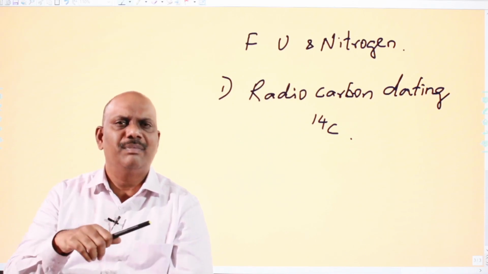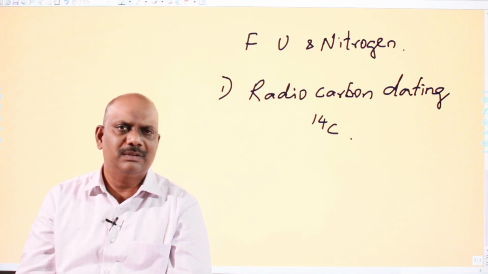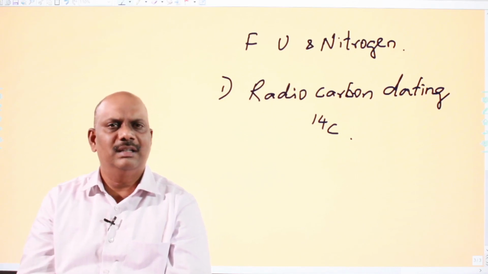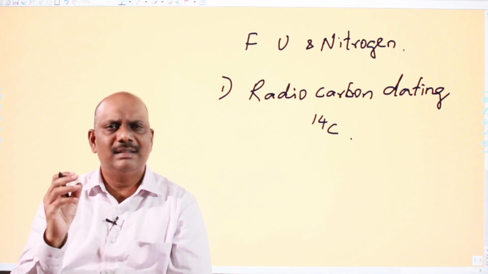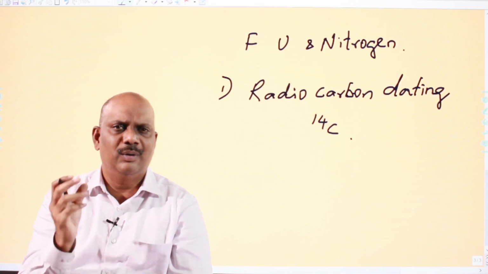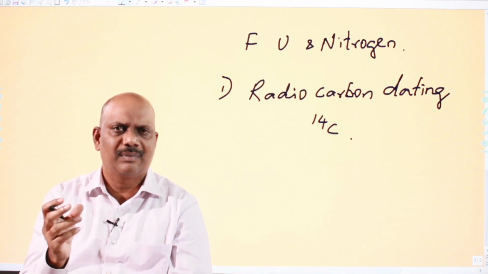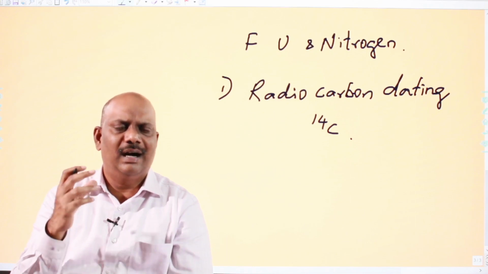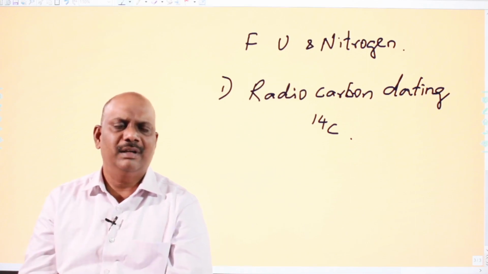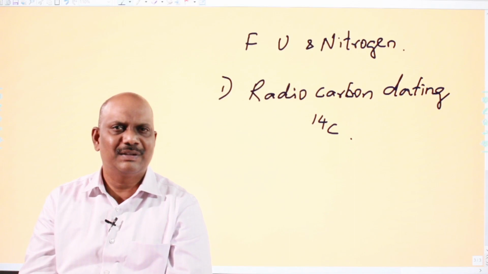From the plants, it moves into animals. Once an animal dies, it can no more take in 14C. The 14C decomposes at a known rate. This we can utilize in identifying the age of a fossil. Correct?